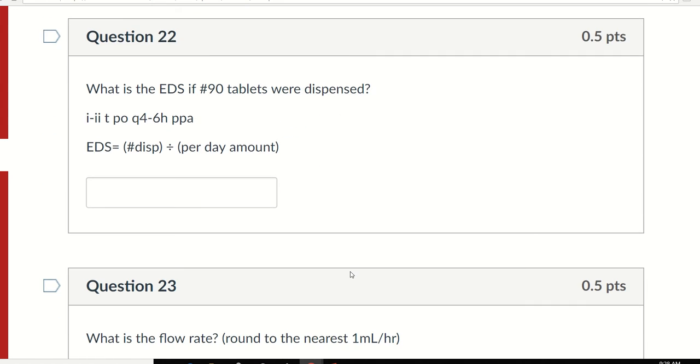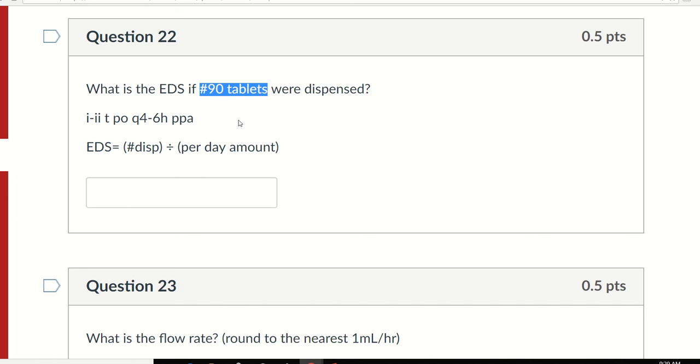All right, number 22, EDS. You take the amount dispensed and you divide it by how much they take in a day. That will determine EDS, estimated days supply. This is asking, if we gave the patient 90 tablets, how many days should it last them? Or when do we expect them to come back for a refill?